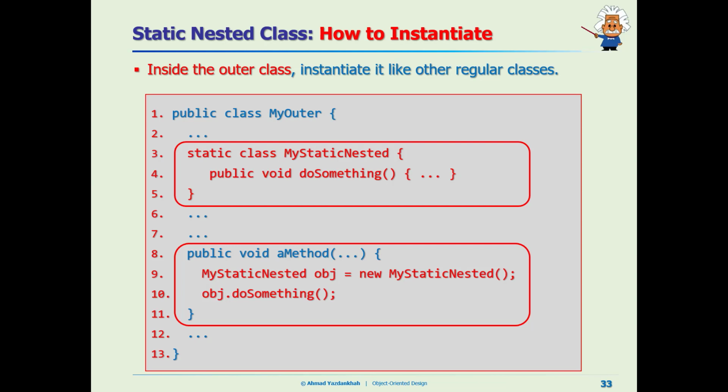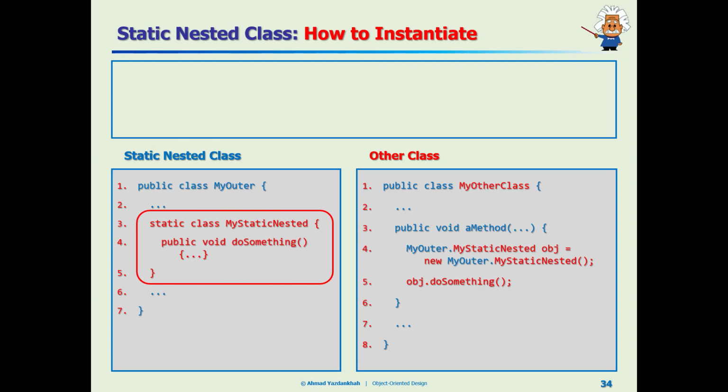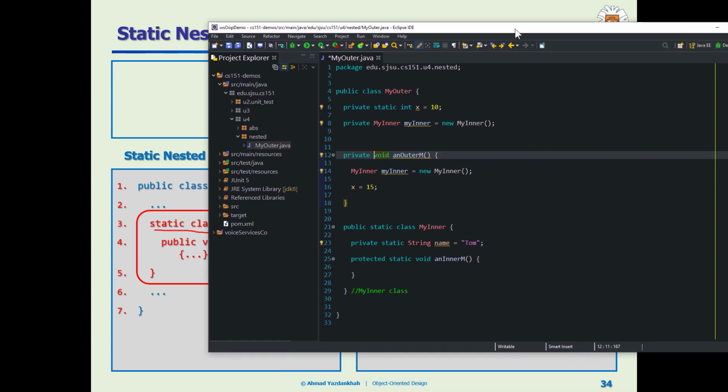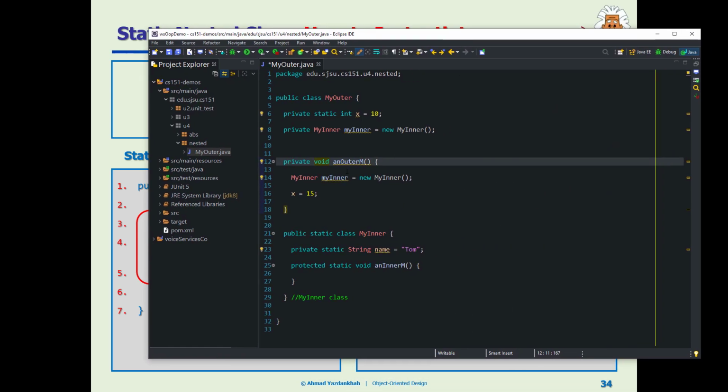Now I want to ask a very, let's say, bad question. Is it possible to instantiate a static nested class in other classes? So we have this my outer class here, and this is a static nested class here, and we want to instantiate it in another class.